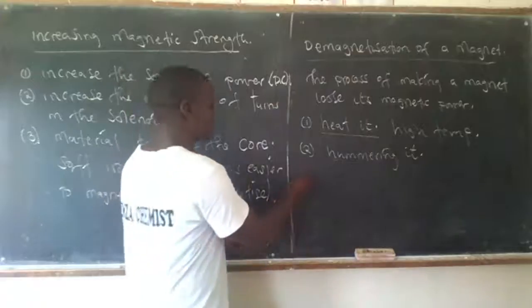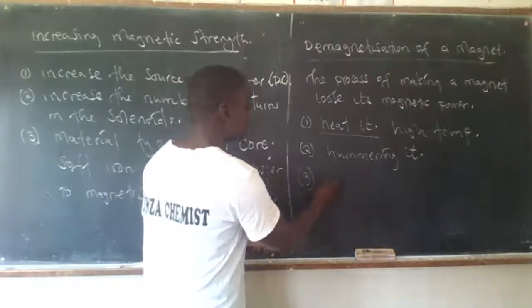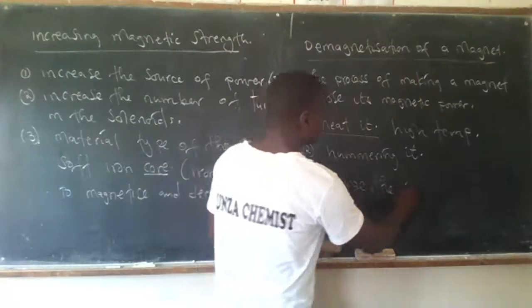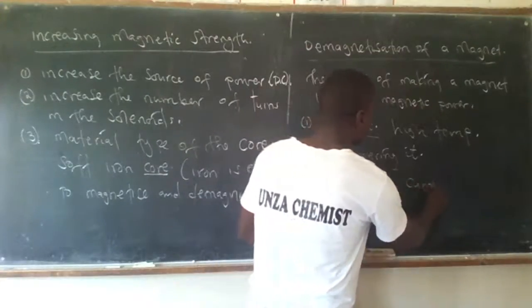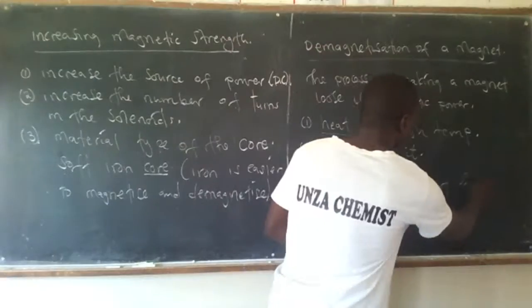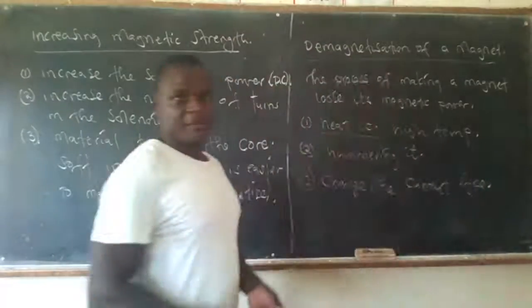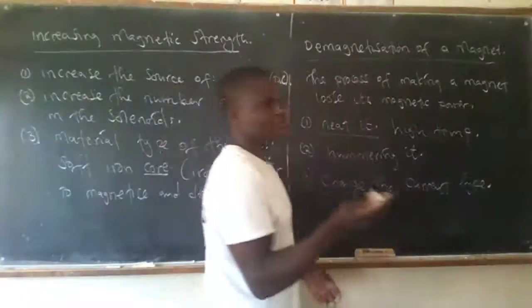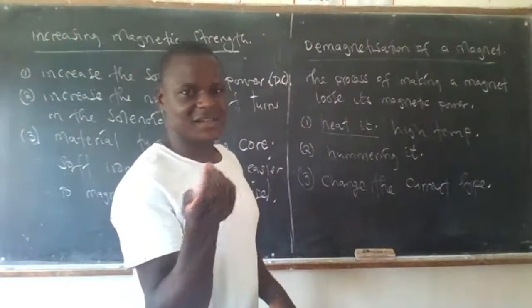Okay, the third but not the least is change the current type. Remember, we said when you're making magnets, the type of current that we have to use is what? Direct current.